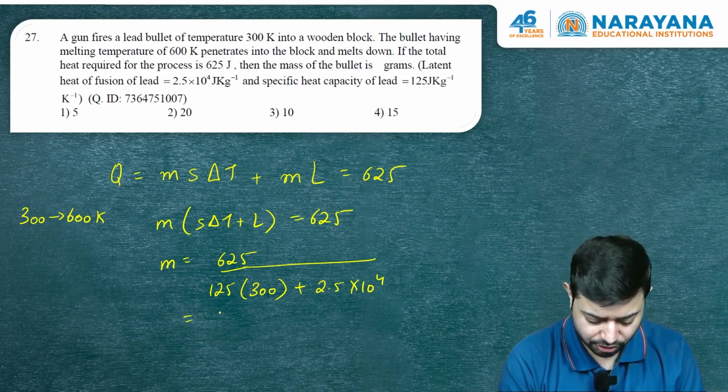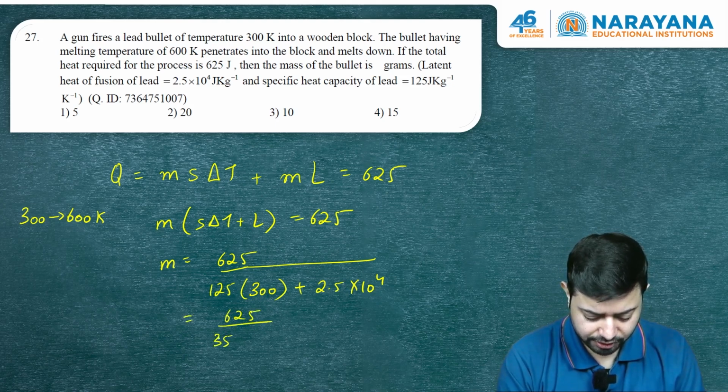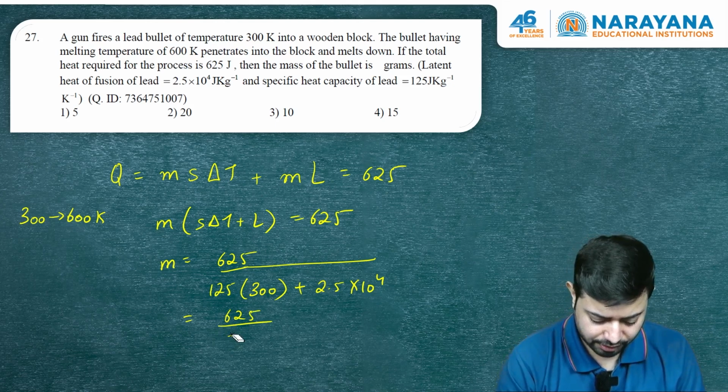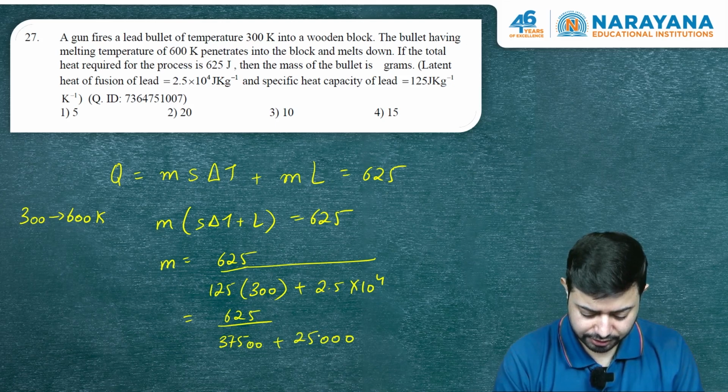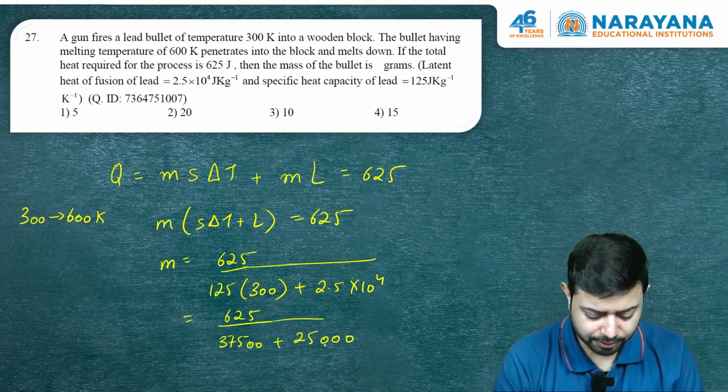So, this number can be shortened up. 375, and then we have 00 plus 25 into 10 to the power 3, correct. So, what is this number? 375 plus 250, right.